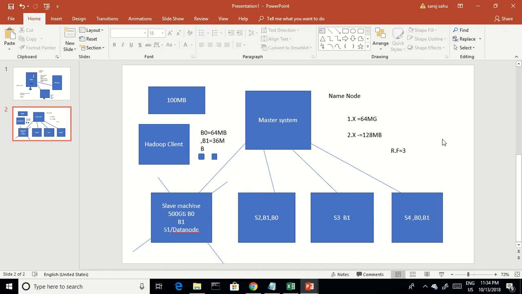Now the same situation, if this node goes down, can I have my file? Yes, I have the file. Here B0 and B1 are there, so this is the complete file. I can read my file without any issues.